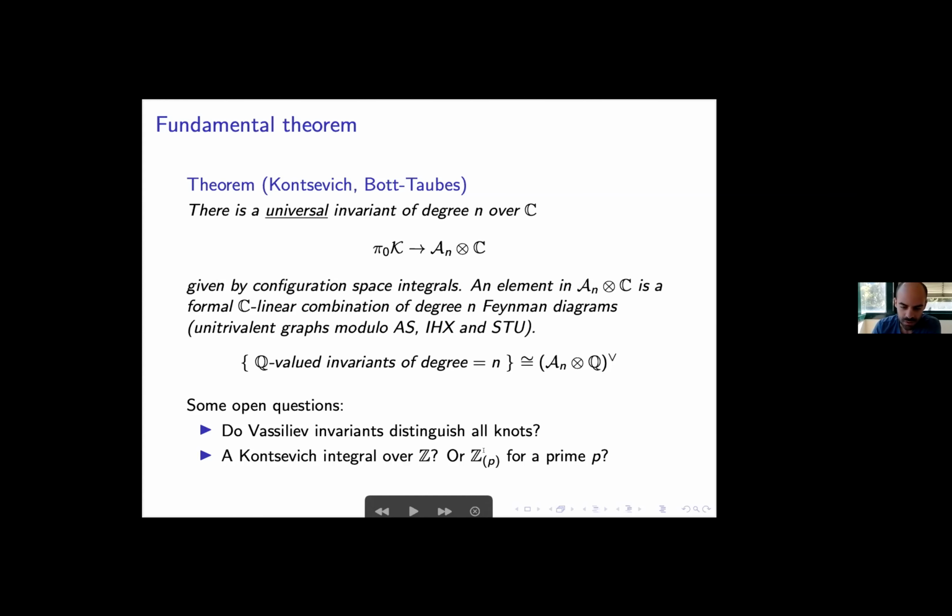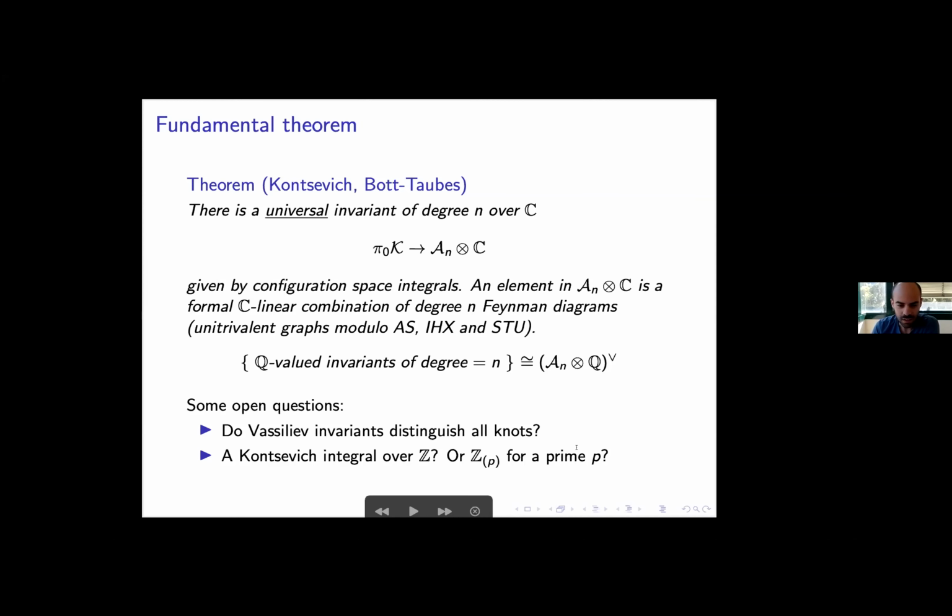Or maybe a slightly simpler question is whether there is an invariant with values in the p-local integers. So you can look at a prime and try to ask that question for a prime. This approach of Kontsevich, and also Bott and Taubes, uses configuration space integrals, so it cannot really give you an answer to this question.